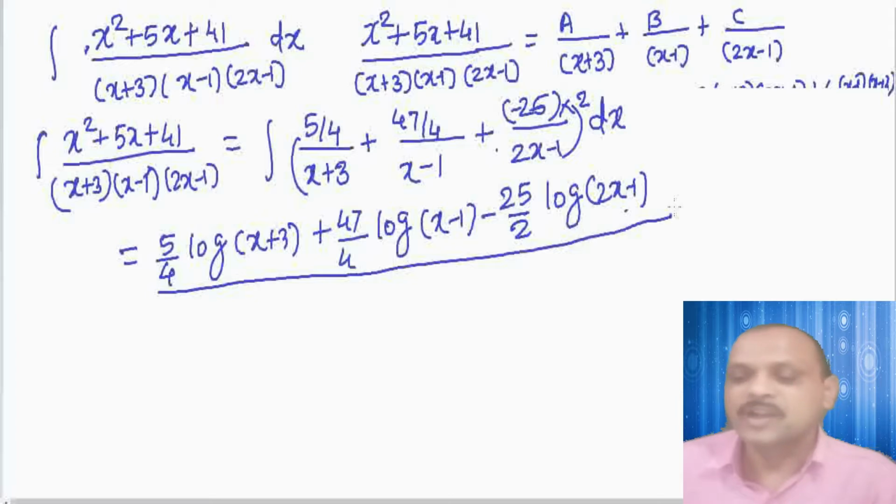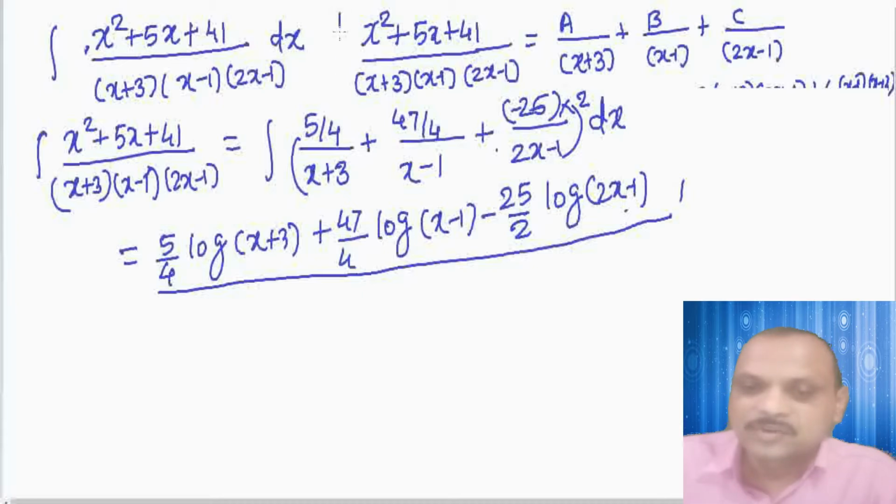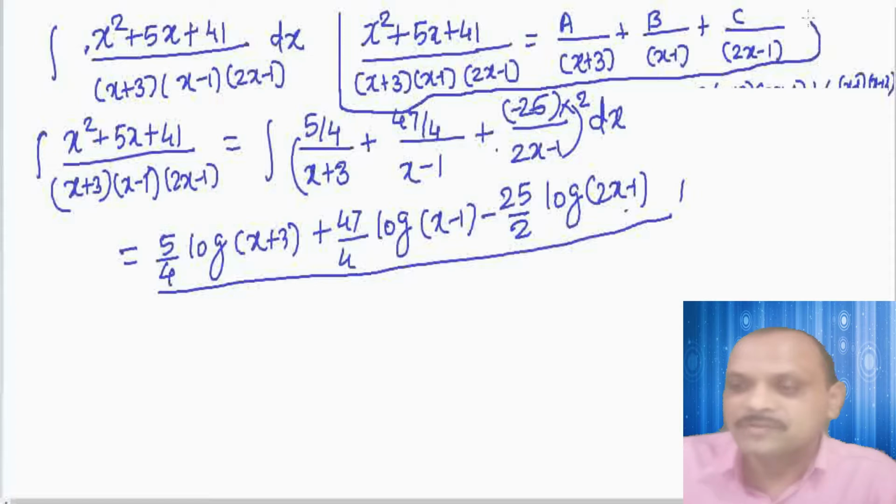You can see this is the main part of this integration. We have to write it in the form of x square plus 5x plus 41 divided by, for each factor, a single term. For the factor x plus 3 we have taken the term A divided by x plus 3. Remember this.